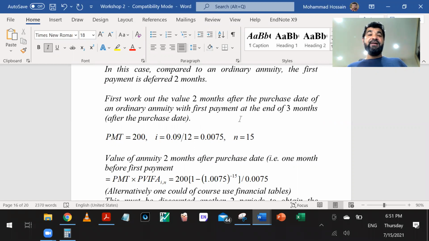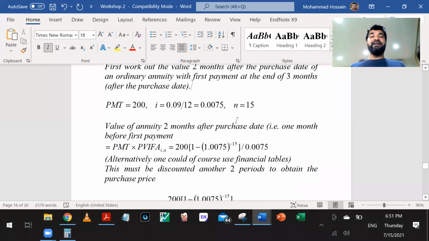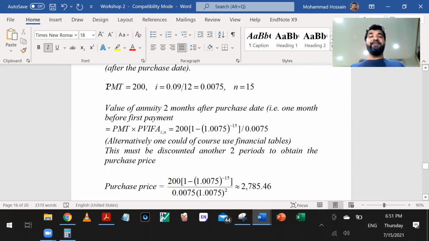First, work out the value 2 months after the purchase date of an ordinary annuity with the first payment at the end of 3 months after the purchase date. They're actually keeping the money for the whole first 2 months. The payment is $200, and the interest rate is 9% per annum.